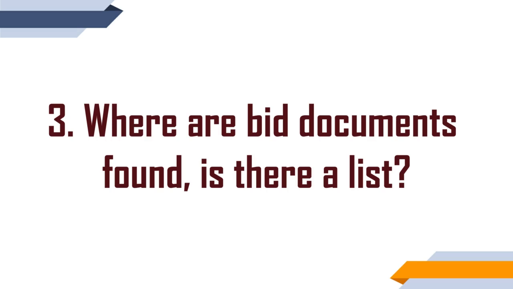All of those documents in that list are your bid documents, because you're going to be submitting them. Also, they can be found in your submission instructions. Those instructions may indicate what all is supposed to be in the ITB that you're going to be submitting.